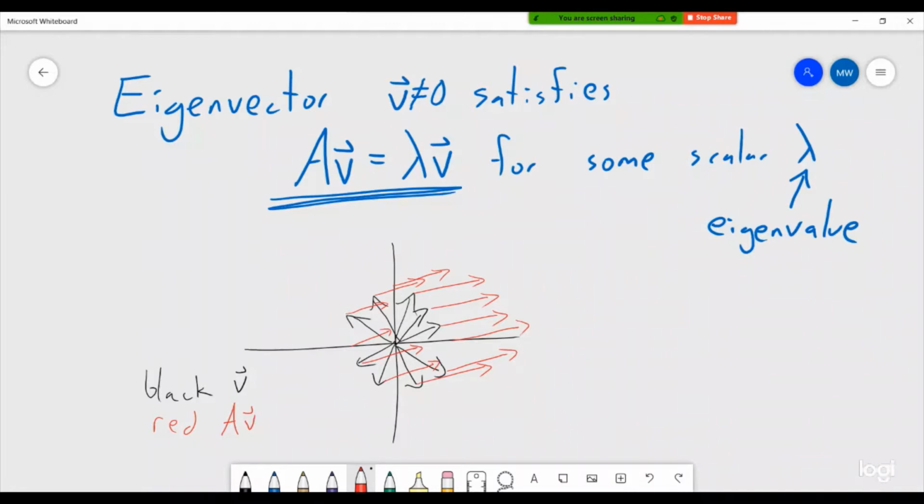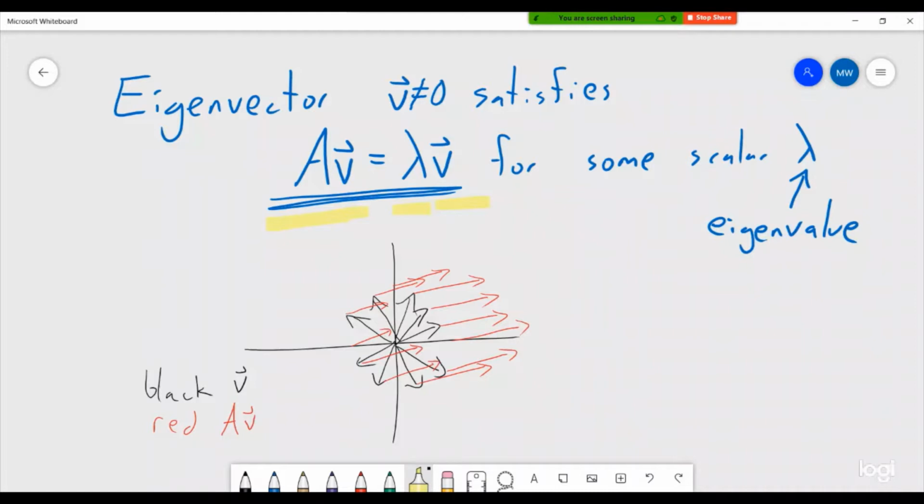The question is, which of these vectors are going to be eigenvectors? If we go back to the definition of an eigenvector, it says that the matrix times the vector, so A times v here, is equal to some scalar times the vector. So we are looking for the vectors where the transformation, the red version, A times the vector, is just a scalar multiple of the original vector.